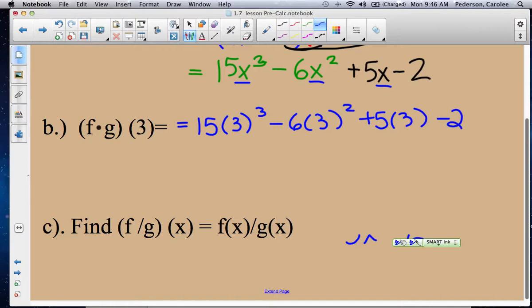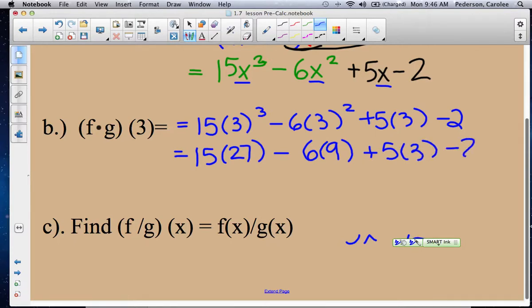So we're going to do our exponents first. 3 times 3 times 3 is 27. Then 3 times 3, 9. So we've taken care of our exponents. Now we are multiplying.